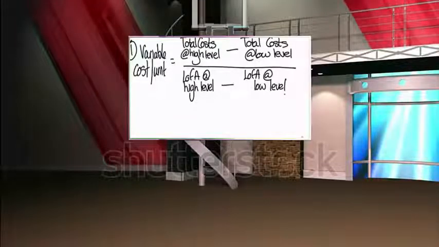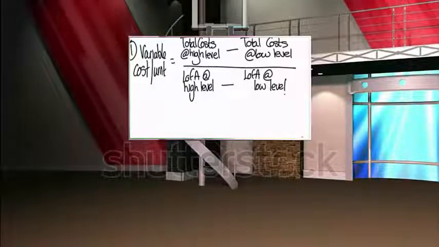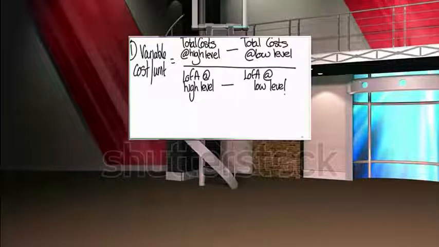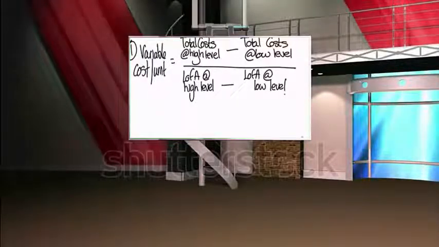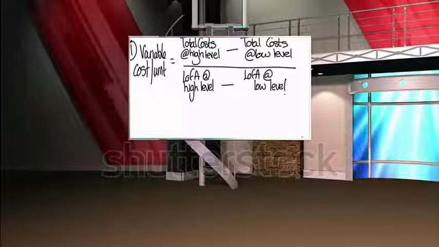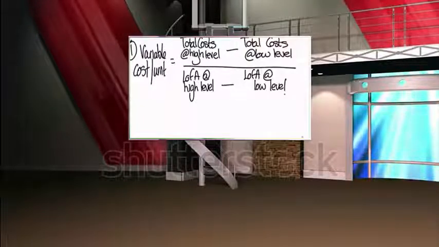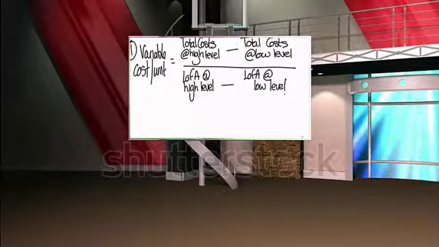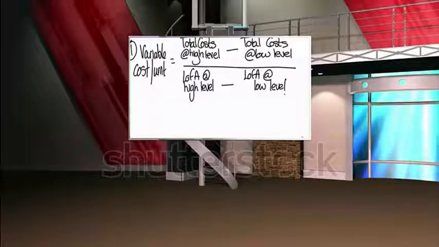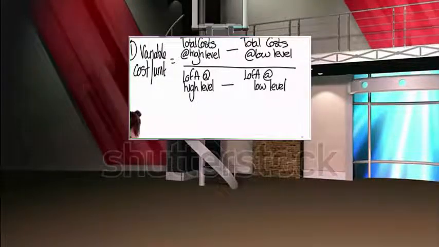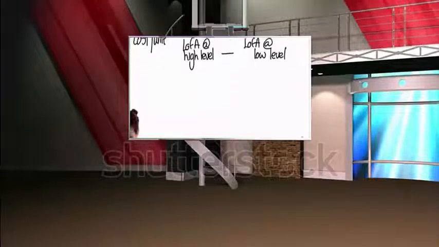So we can calculate the variable cost per unit by looking at the change in the total costs divided by the change in the number of units we've produced. So once we know how to calculate the variable cost per unit, we just need to put in the figures.